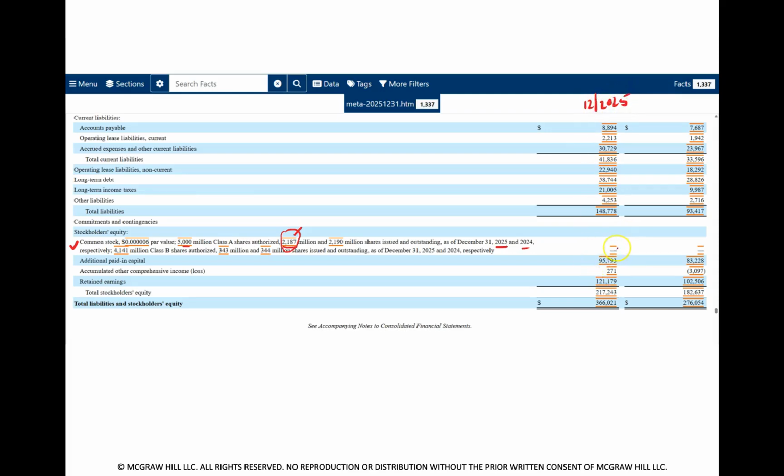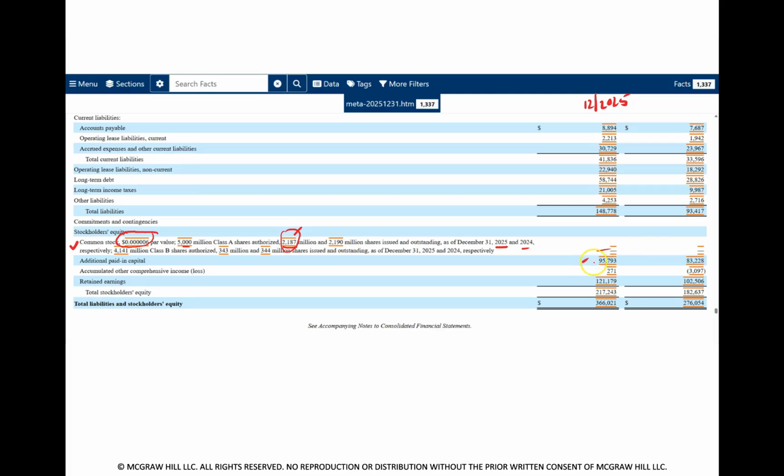You just can't see it. It has 0, and that's because I took this 2.1 billion times the par value, and it ended up being $13,000, which, because this 10K is in millions, they show as a 0. You can see that it's such a nominal amount, it doesn't even appear on their schedule.